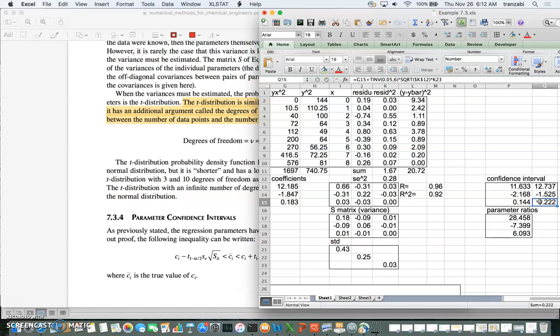Yeah, so it looks like, okay, you cannot really drag this down because my S_ii is in the diagonal. And so by dragging this thing down, it wants to go down along this column too. So you better basically copy the equation to these cells and then just change the parameters.